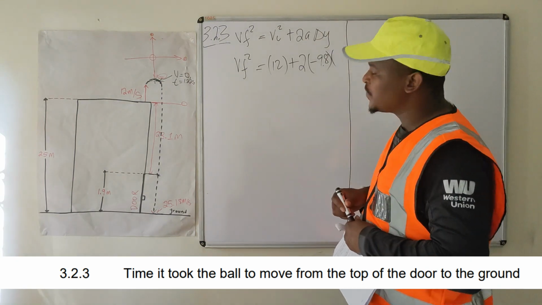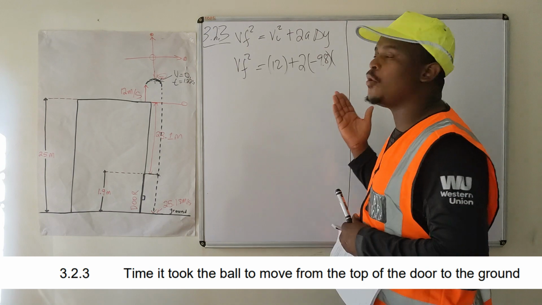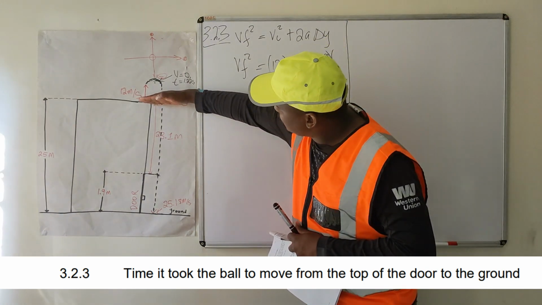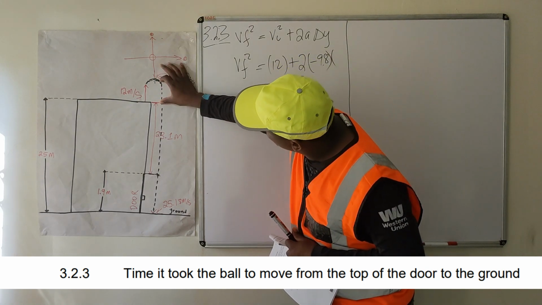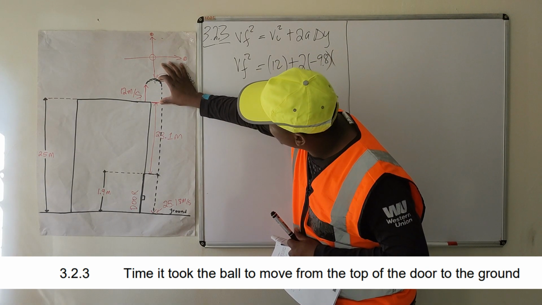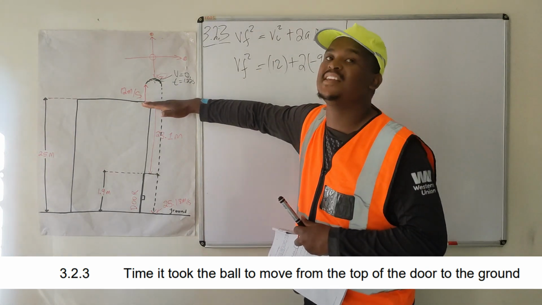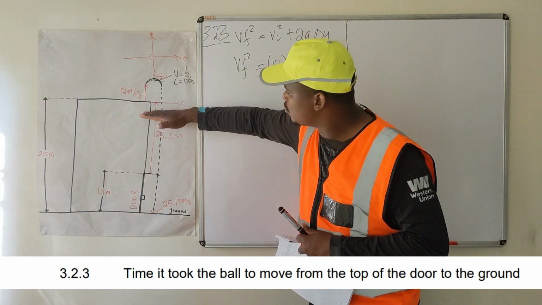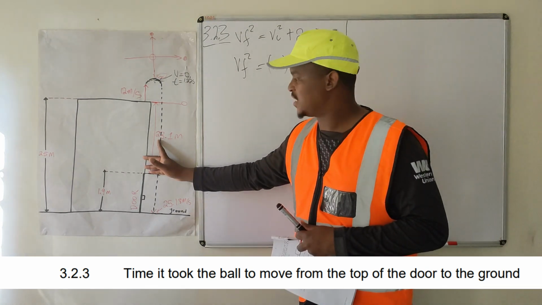What is your displacement? Displacement is the change in position. How much did our ball change position from its starting point? It went up, and then it went down. The displacement here is 0 because it has not changed position. Then when it goes down here, it's at 23.1 meters.